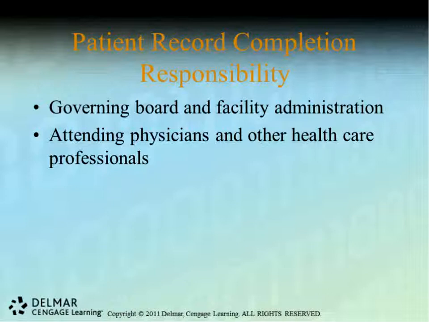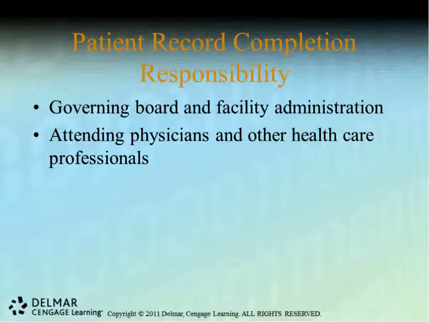A lot of times what you see, if the facility is actually closing, then the state health department takes over that information, or if a practice is being sold, then the new owner takes over the records from the old owner, and then letters should be sent out to your patients so that they know what's going on with their records.